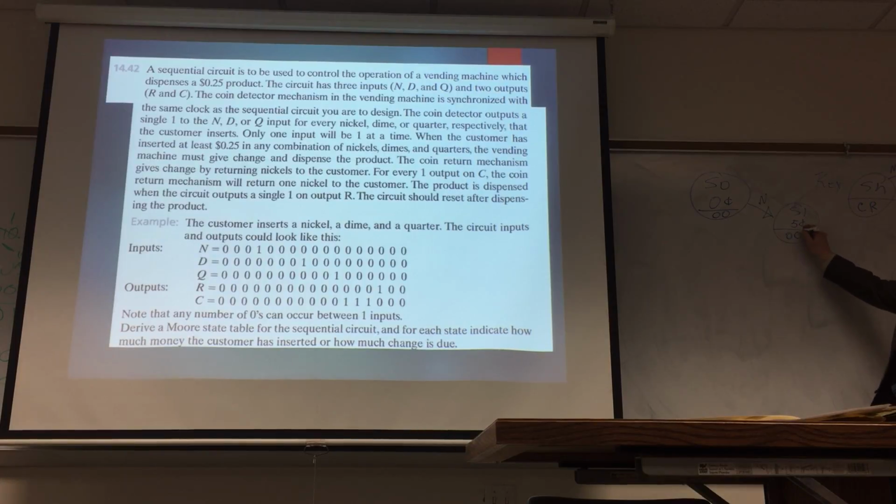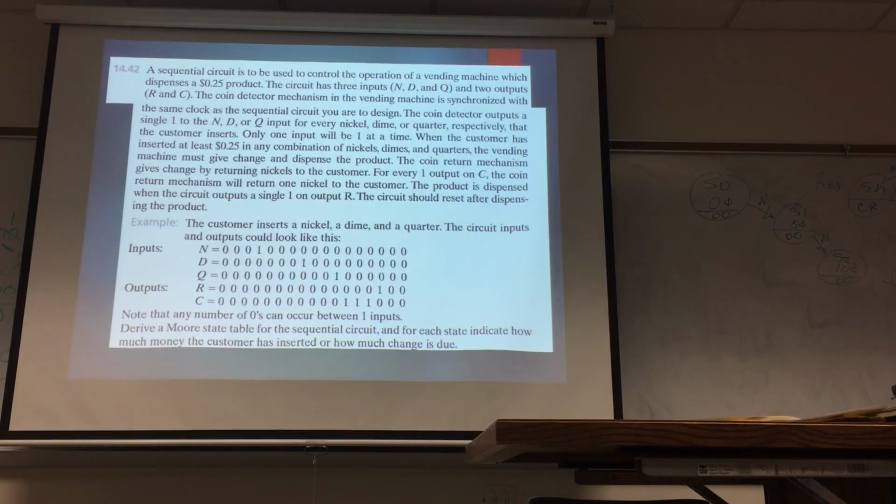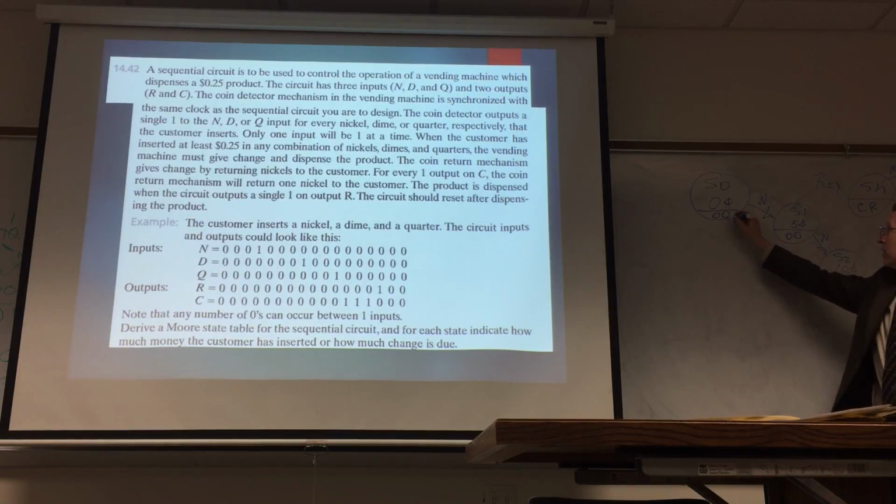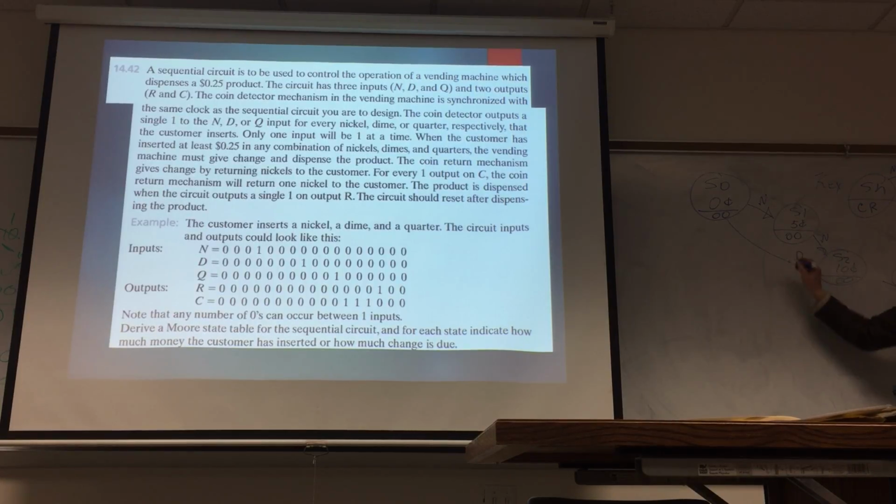I certainly don't want to give them anything yet, but I'm counting their money. I'm going to keep track of it. Now, if I had a nickel coming out of here, I would go to state 2, which is really the 10-cent state. Then I don't want to give them anything, but how else could I get to this state from S0? A dime, right? You see how a dime would take me here.